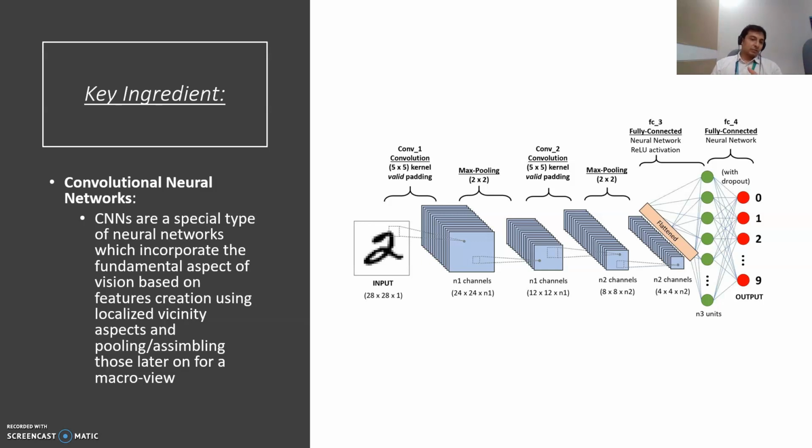What are convolutional neural networks, or CNNs, as we call them? They're basically a special type of neural network which incorporates the fundamental aspect of vision, based on feature creation using localized vicinity aspects and pooling, assembling those later on for a macro view.